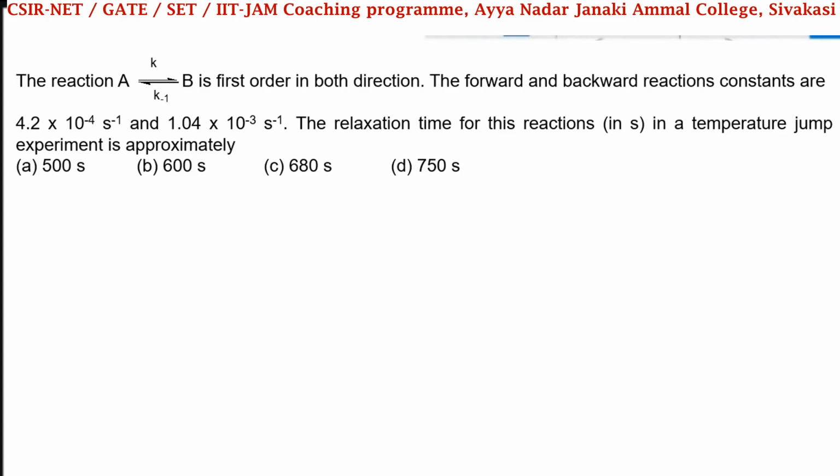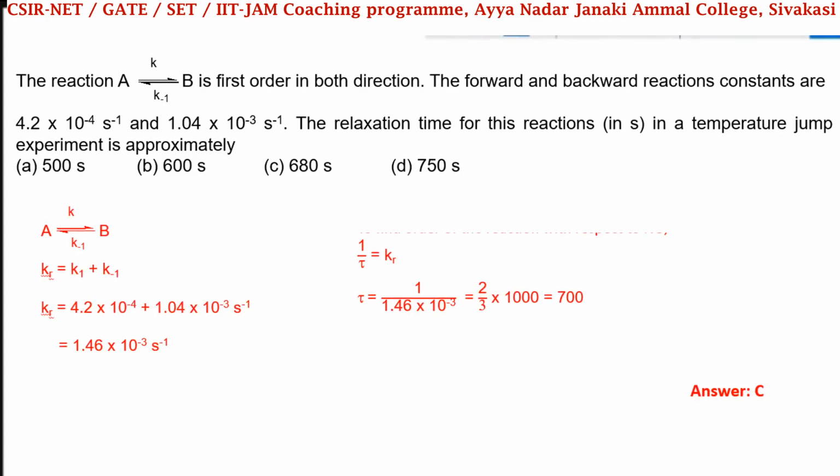How to work out these problems is very easy now, provided you understand the concept we have discussed so far. Write down the given equation. The given equation is A giving B with the reversible arrow, K1 and K inverse. Therefore, what is asked? The relaxation time, tau, is asked. Therefore, what is the relaxation constant? You should know the relaxation constant.